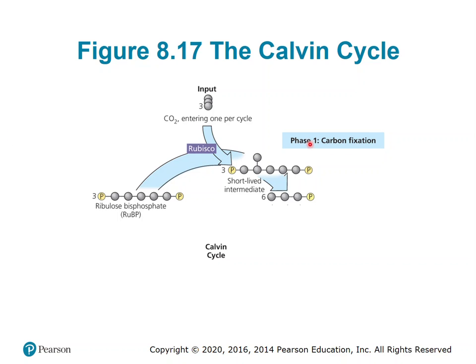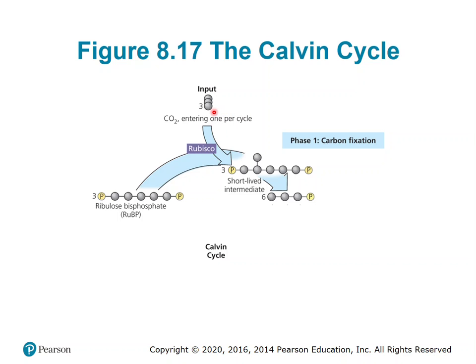Phase 1 is carbon fixation. This is going to show 3 turns of the Calvin cycle, because we have 3 CO2s coming in, and with each CO2 entering, we have 1 cycle.